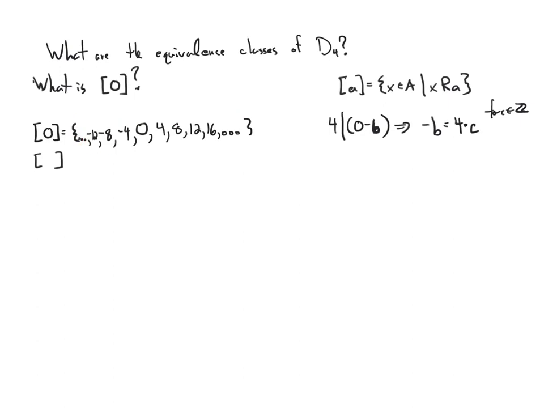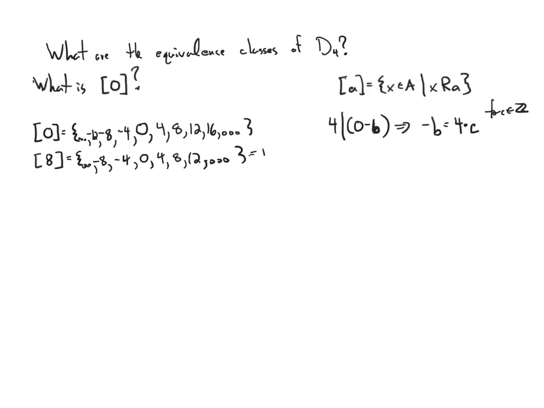So let's say I picked 8. Well, via the same reasoning as before, because this is an equivalence relation, we have the same set here. 0, 4, 8, 12, whatever. And here we have -4, -8, whatever.